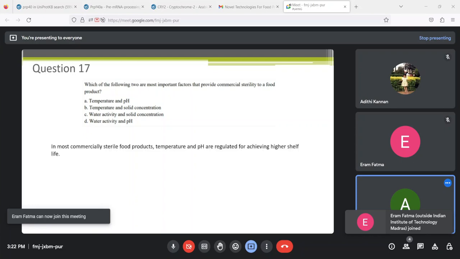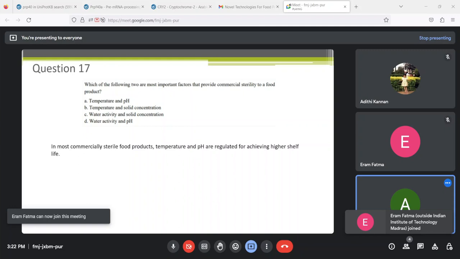So in this case, in most commercially sterile food products, temperature and pH are regulated for achieving higher shelf life. If you process the food at very high temperatures, you often have the ability to kill the microorganisms. And if you regulate the pH, it will disrupt the internal environment of the microorganisms.